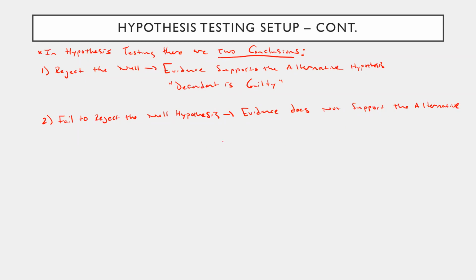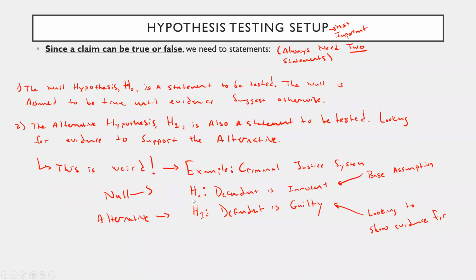Something like the defendant is not guilty. Basically, the person was put on trial, and when you fail to reject the null, you're saying, look, you didn't put enough evidence forward to say that the person actually committed the crime. That's what's going on here.